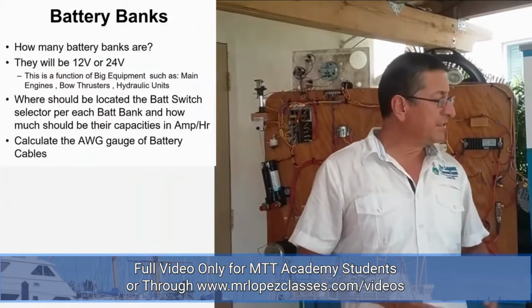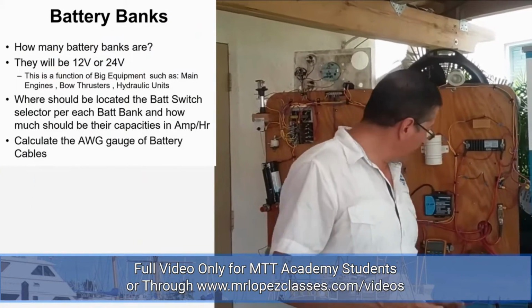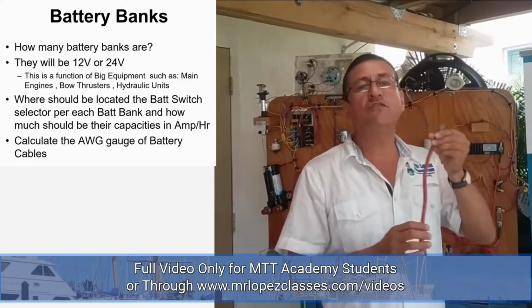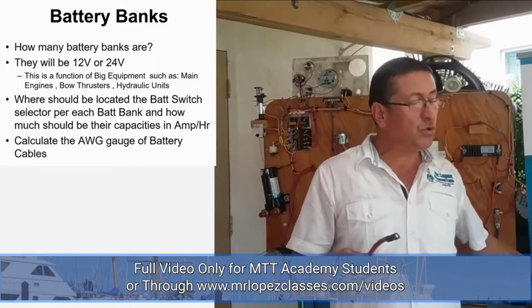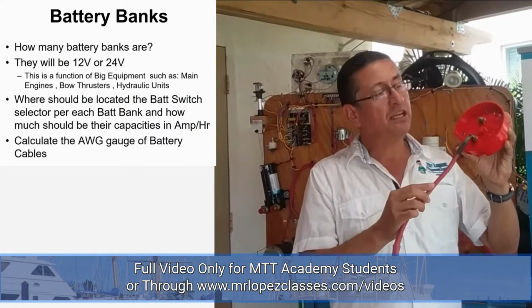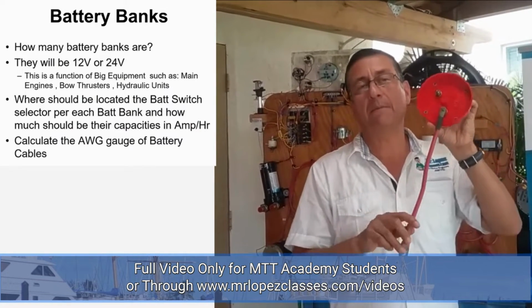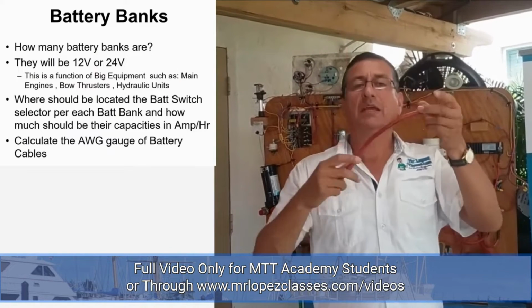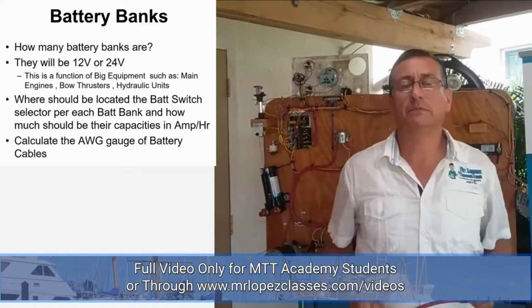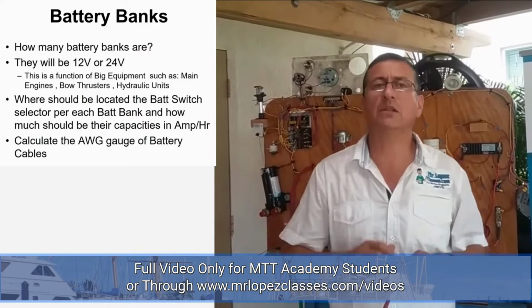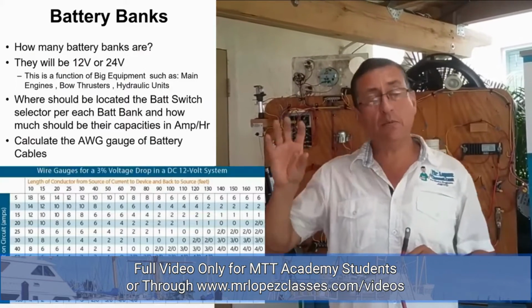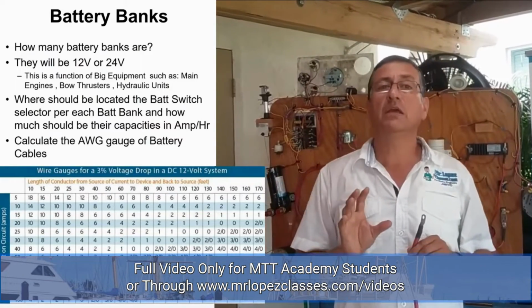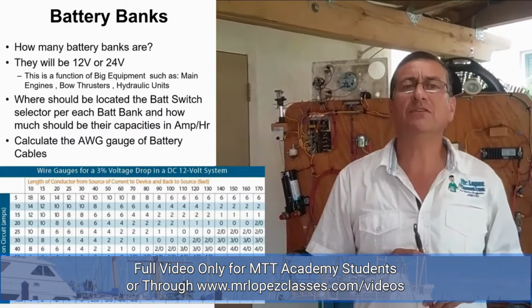Number 4 is to calculate the gauge of the wires that I am going to use in between the battery switch selectors and the positive of the battery, and the negative, of course. In order to do that calculation, you can use the table that you have on your screen, coming from the ABYC study guide.